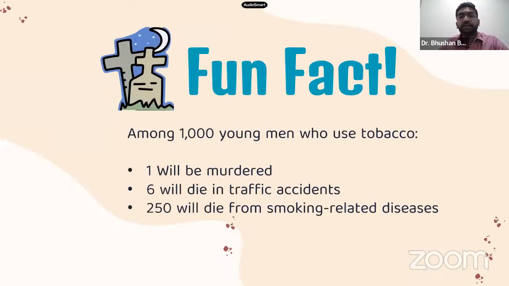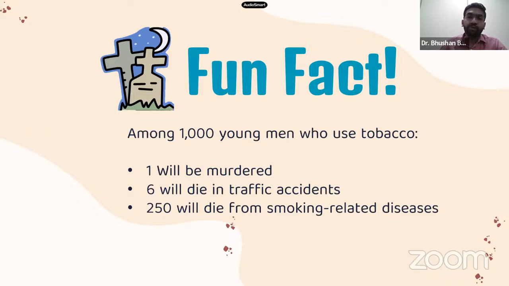Before starting, this is not a fun fact, but a real thing: among 1,000 people who are using tobacco, 1 is dying due to homicide, 6 would be dying in traffic accidents, but 250 would die due to smoking or chewing tobacco related disease.